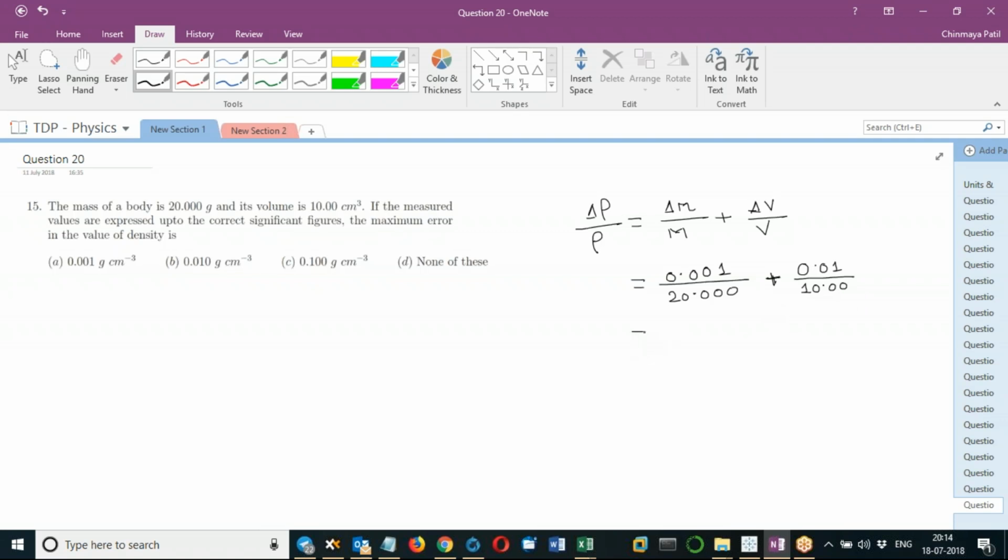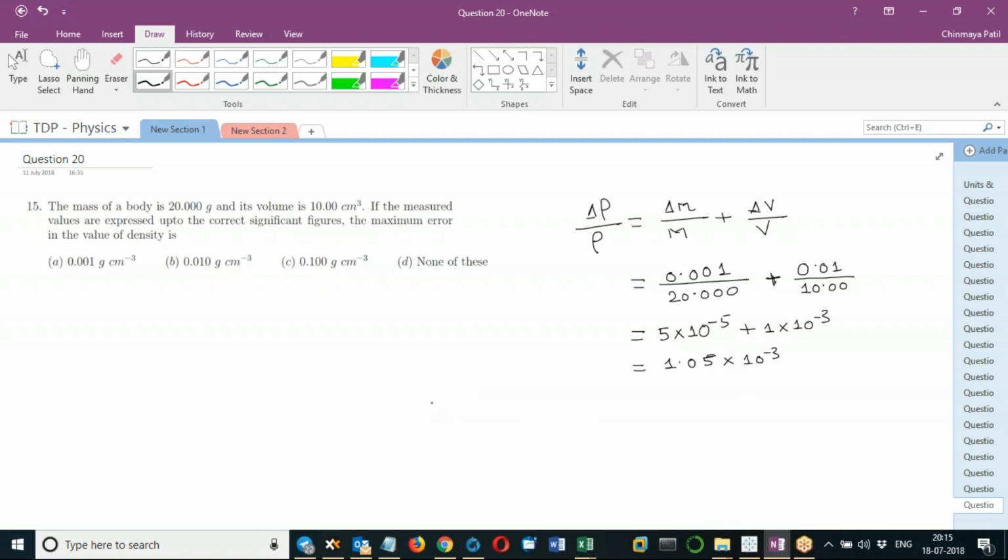Now if you simplify further, we'll get this equal to 5 into 10 to the power minus 5 plus 1 into 10 to the power minus 3. So this becomes 1.05 into 10 to the power minus 3.